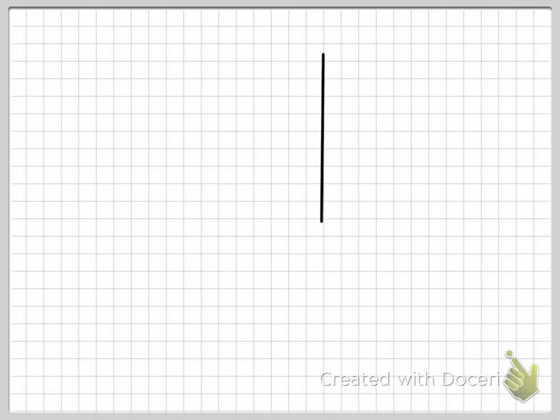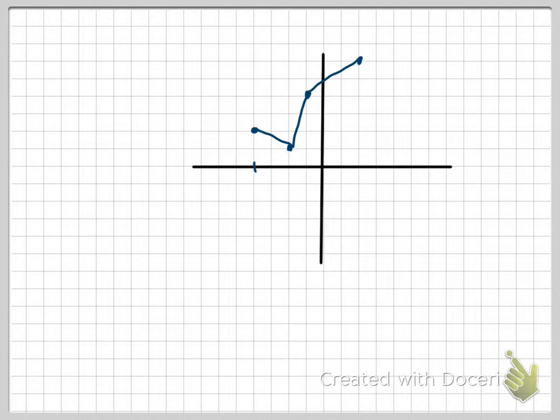Okay, let me draw a graph here. Here's my y-axis, and here's my x-axis. Let's say we have some points, one at (-4, 2), and then one here, one here, and one here. Let's connect those. Okay, our original points.